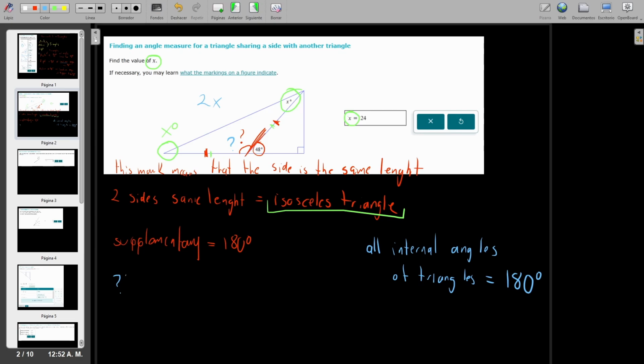This angle is, no, I'm going to erase here. The sum of this angle that we do not know yet plus 48 degrees is going to be equal to 180 degrees. Why? Because they are supplementary.